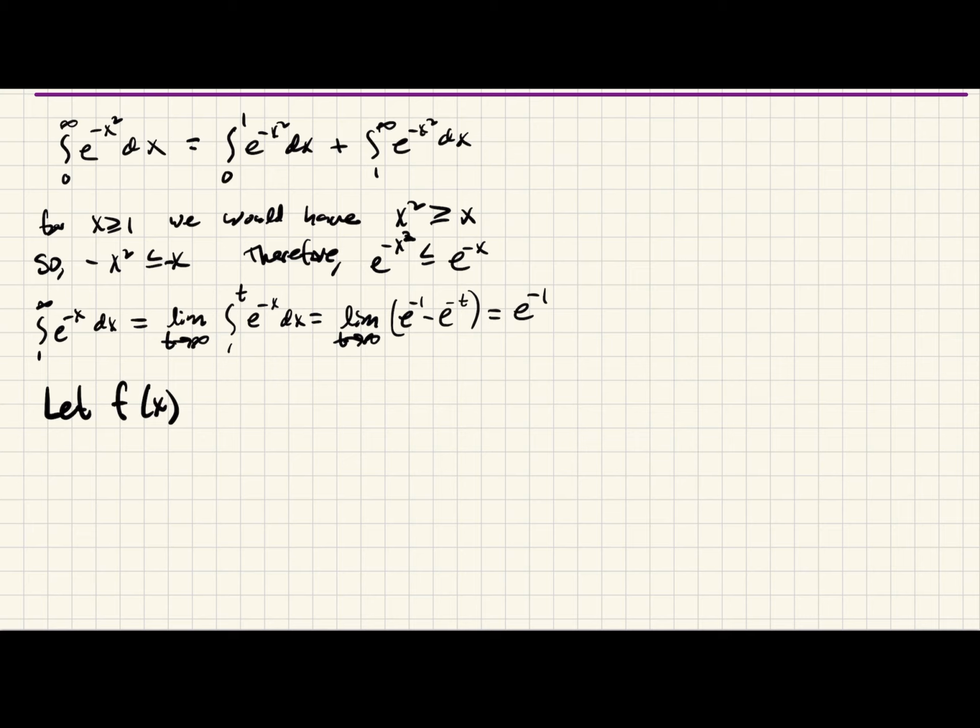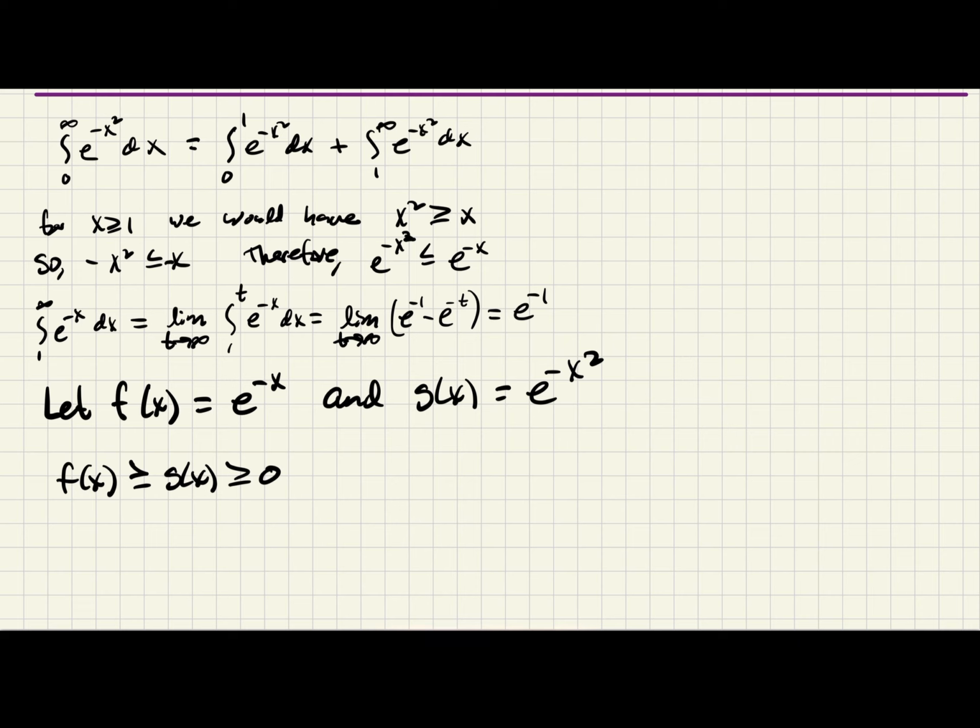So let's let f of x be e to the minus x and g of x be e to the minus x squared. f of x would be greater than or equal to g of x, and g of x would be greater than or equal to 0, right? So they're both positive.